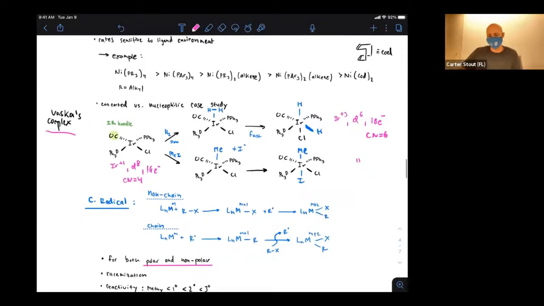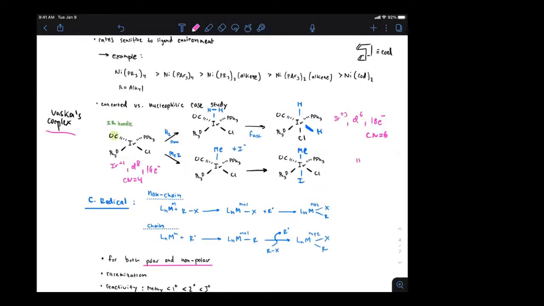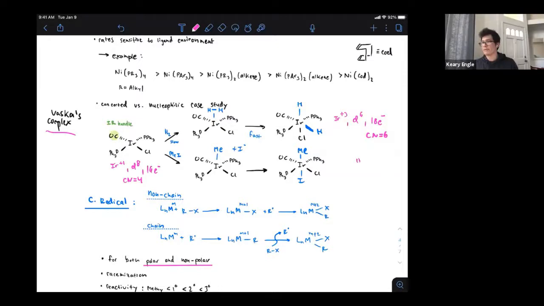Kiri, just to continue with Carter's question. Why is the chloride going down instead of the carbonyl or the triphenylphosphine group? Is that the chloride favoring a cis effect or something like that? I guess what I can say is this is the experimental outcome.